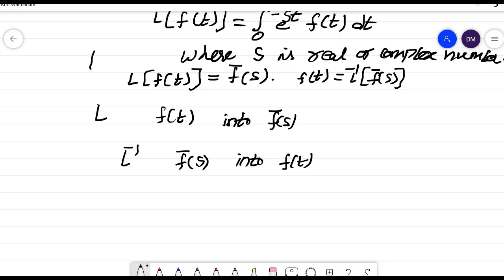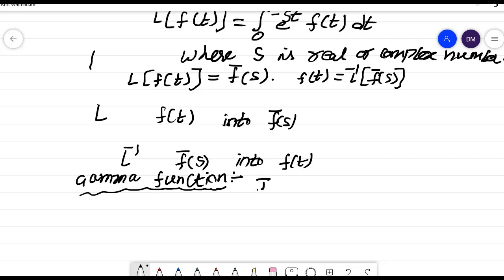Now we have to know the definition of gamma function. What is gamma function? So this gamma function helps to do the problems of the Laplace transform. So what is the definition of gamma function?